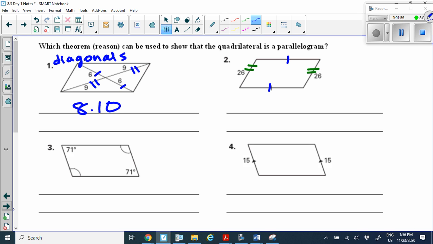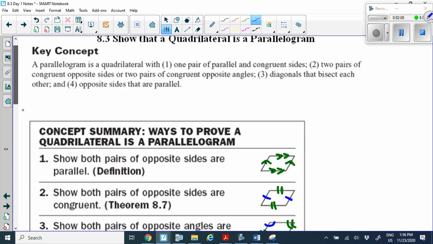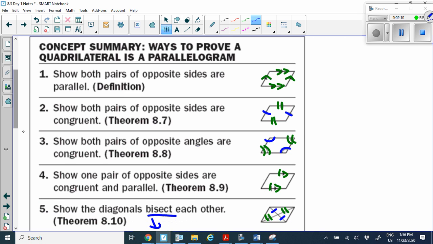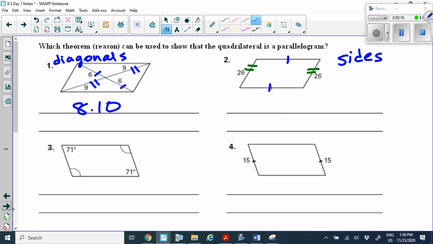So notice that for our sides, the opposite sides are congruent, okay? So we go back to which theorem this represents, and going back to our chart here, it's going to be 8.7, that both pairs of opposite sides are congruent. So we just put 8.7. Okay, go ahead and do number 3 and 4 for me. So pause the video and do those two problems.